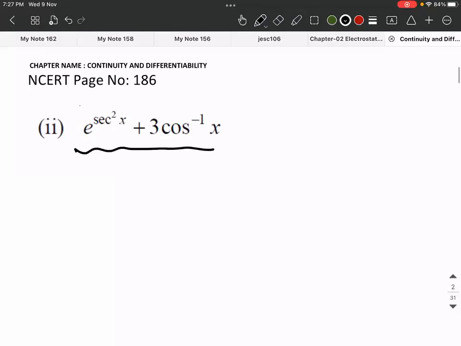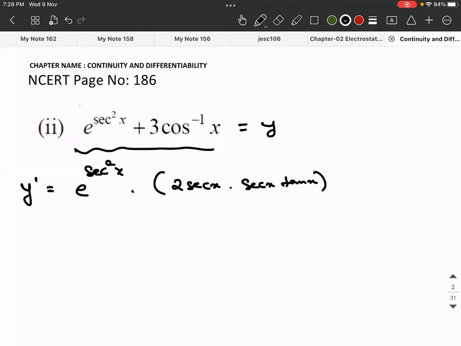Do this one. So this is y. So what is y dash? What is the derivative of e power secant square x? It is going to be e power secant square x into derivative of secant square x, which is 2 secant x, sorry, 2 secant x into derivative of secant x, which is secant x tan x, right?